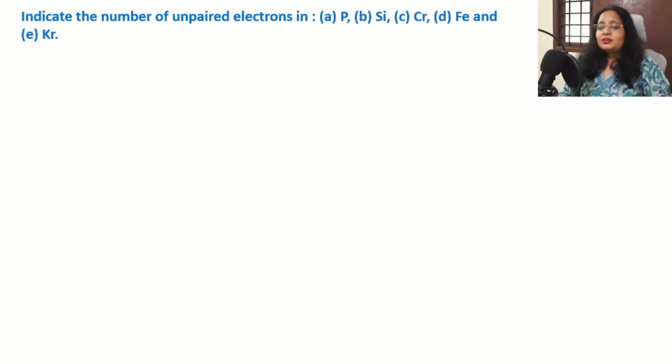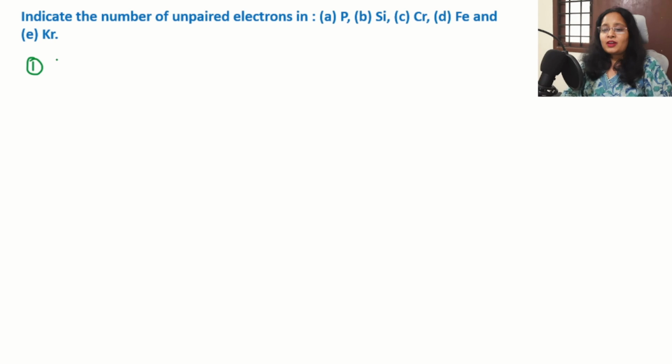Now friends, to calculate the unpaired electrons, we need to know how to write an electronic configuration and the atomic number of the given atoms. So first thing, let's learn how to write an electronic configuration.